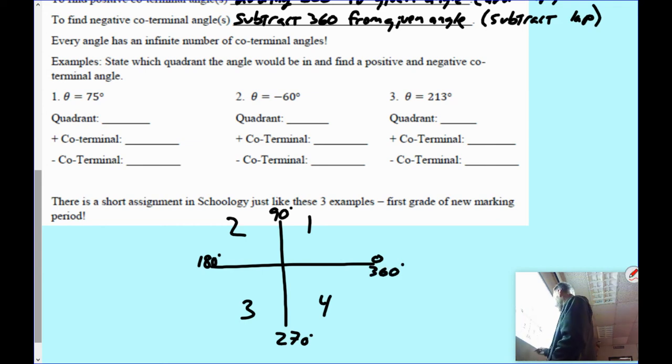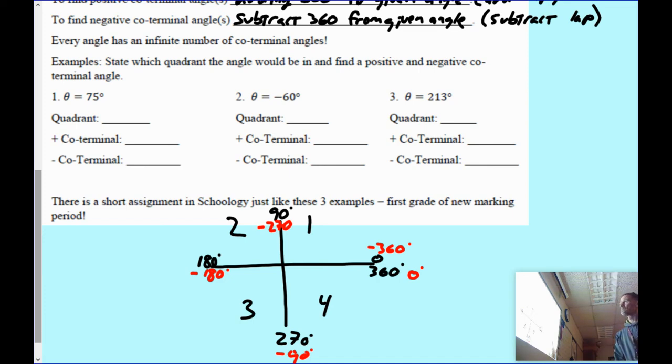And if I'm going in a negative direction, it's still going to be 0. So that doesn't change, but now this is negative 90 degrees, negative 180, negative 270, and negative 360. Okay, the quadrants do not change. It's just a matter of the direction in which we're being measured and where the quadrant is.